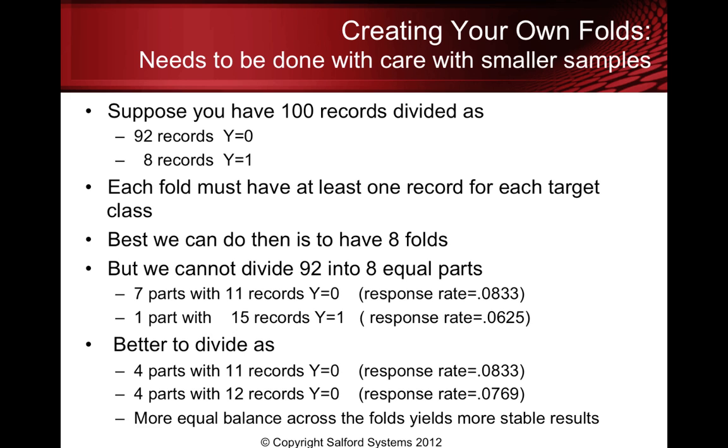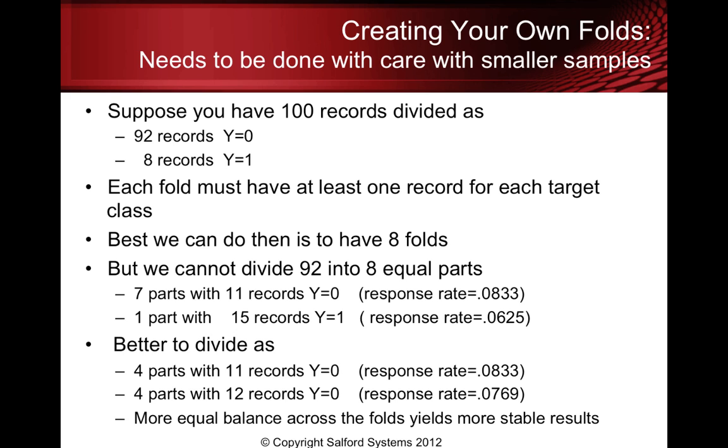So our recommendation here would be you would have 4 parts with 11 records of y equals 0, and of course you're going to have 1 of the y equals 1s, and then you're going to have 4 parts with 12 records, and the remaining record in each one of those parts is going to have a single y equals 1. What happens there is that you get the response rate, which is the same as the distribution of the y variable, as similar as possible.